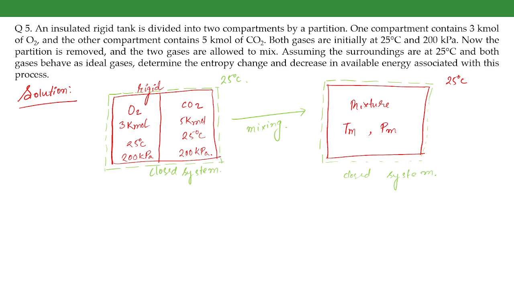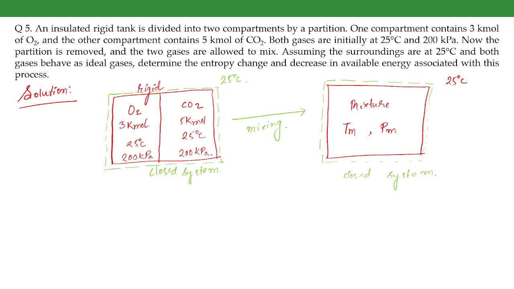And if we assume that there is no heat transfer to the system, then we can consider that finally the mixture will be at the same temperature and pressure. Okay, because there is no other heat interaction. So ultimately the internal energy will remain the same, because for this closed system there is no heat transfer, there is no work done, so the internal energy will remain the same.